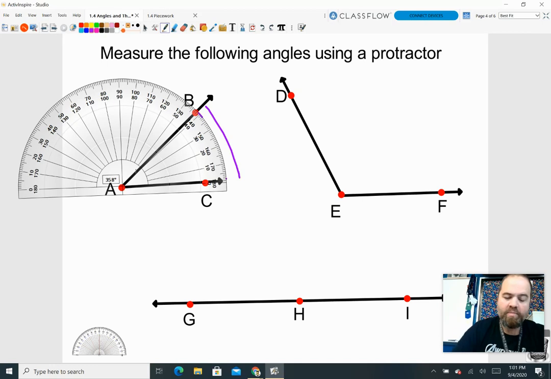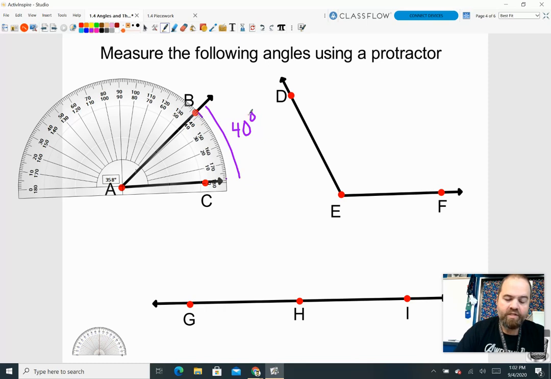A little bit of common sense though, guys. This angle is open, in the way I'm reading it, 40 degrees. 140 degrees will be a much bigger angle if it were open, say, from the left. It would use the same set of numbers, but depending on how you have to use the protractor and read it, it's going to determine which one of your numbers you're going to use.